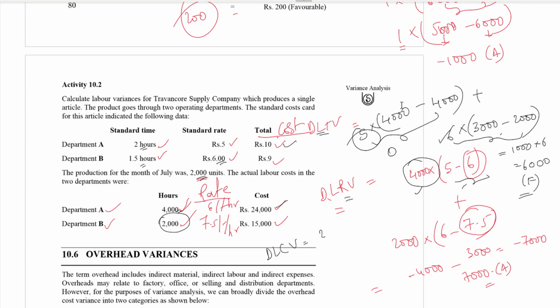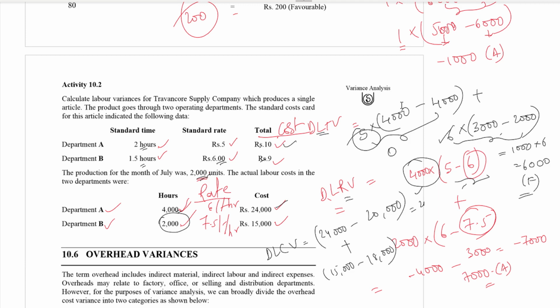Now total direct labor cost variance means simply the actual cost against the estimated cost. Actual cost is 24,000 in department A, minus the estimated cost, which for 2,000 units at 10 is 20,000. Plus in department B, 15,000 is the actual cost involved, and the estimated cost is 18,000, so minus 18,000.